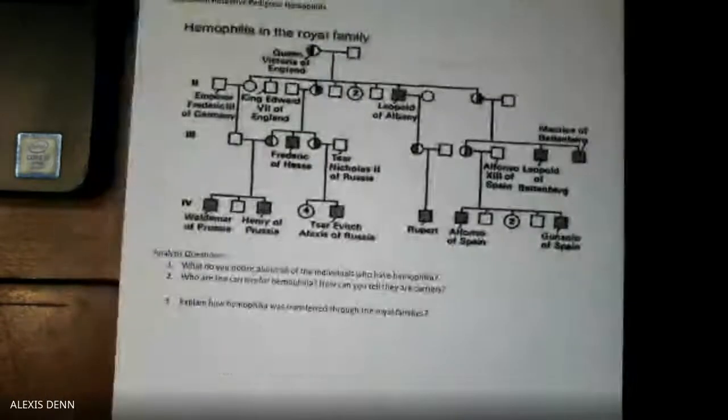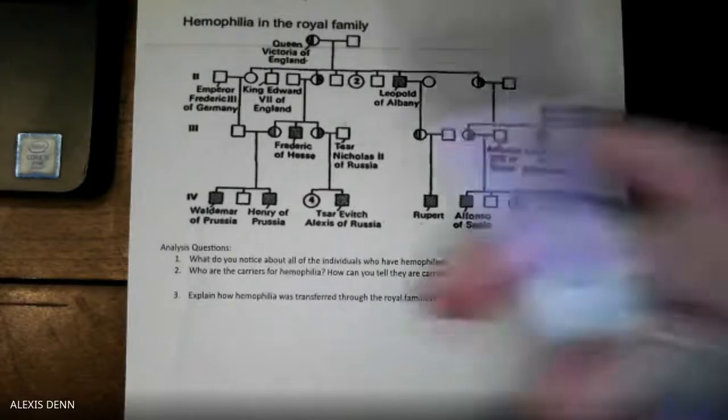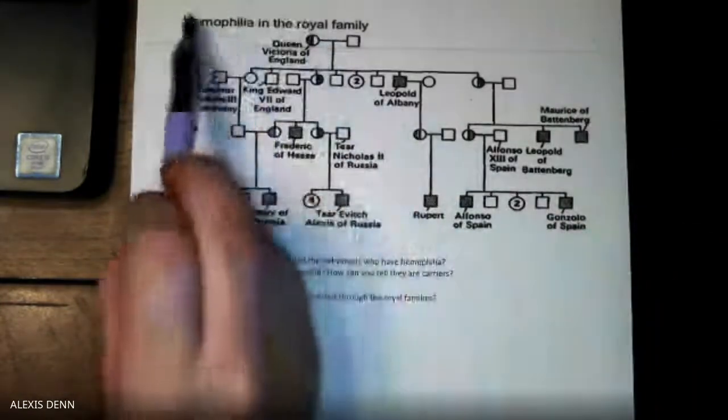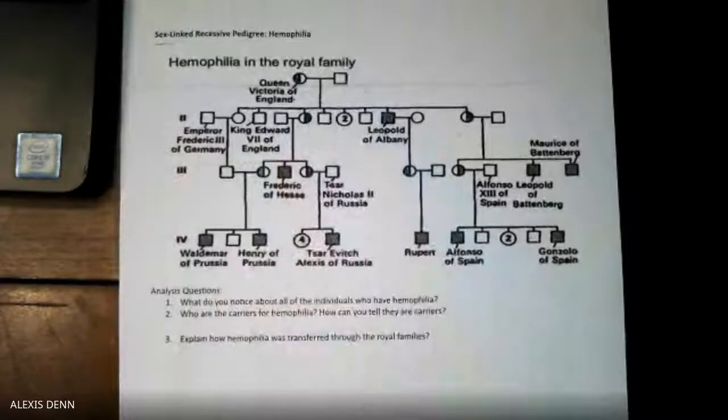And our last pedigree, the royal family, which we looked at earlier together. The weird European royal family that started because Queen Victoria could not keep her grandchildren from marrying each other. What do you notice about all of the individuals who have hemophilia? We already know that this is a sex-linked trait because we've talked about it.